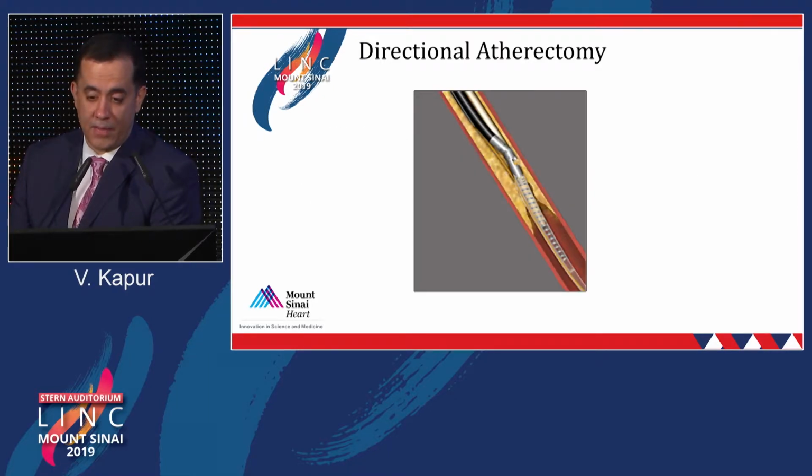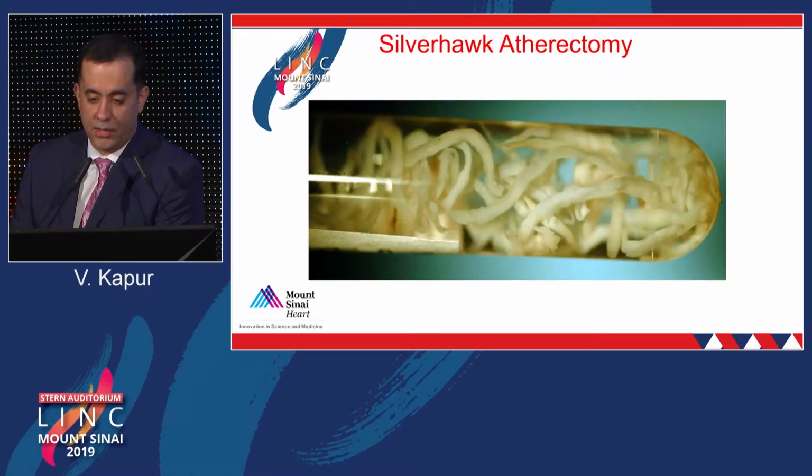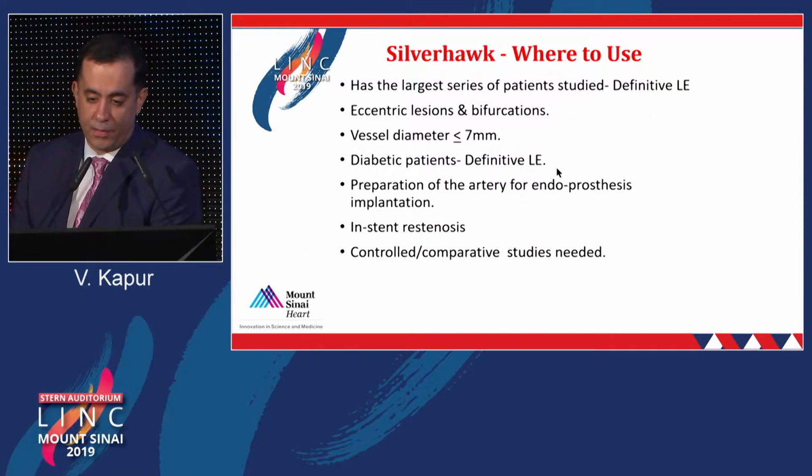The directional atherectomy, as the name suggests, is a cutting device that you can direct manually. So you can do selective cutting rather than the atherectomy treating the lesion all the way. This is the plaque which comes out from the directional atherectomy devices.